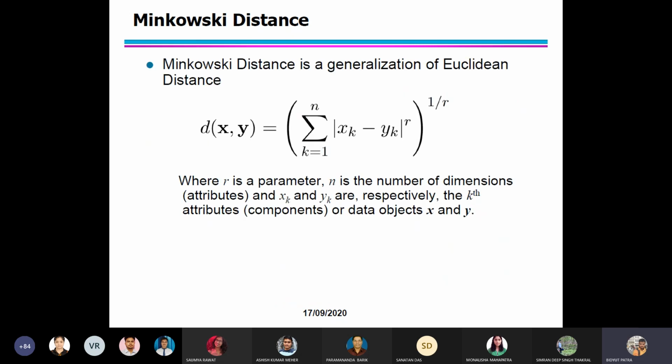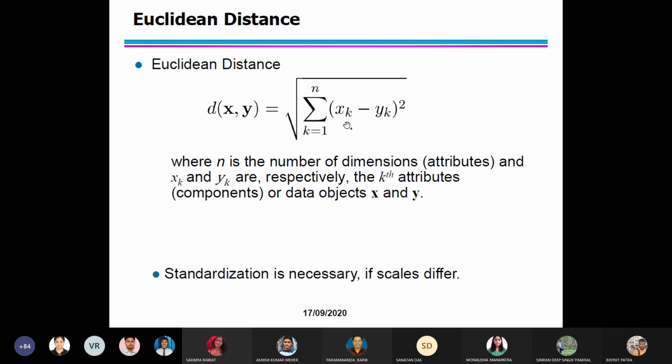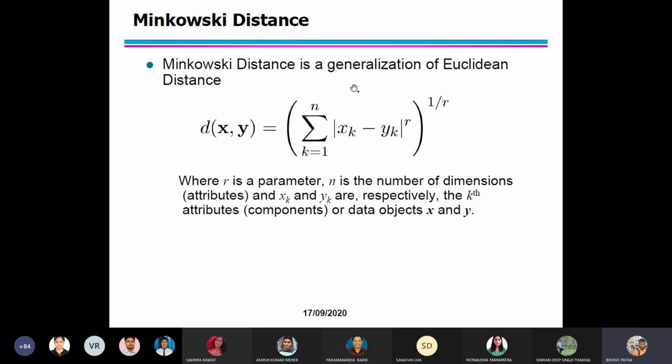This point I should mention here. In the case of Euclidean distance, we take the square of the attribute differences, then we take the sum, and then we take the square root. That is for Euclidean distance. Now there is something called Minkowski's distance, which is the generalization of the Euclidean distance.